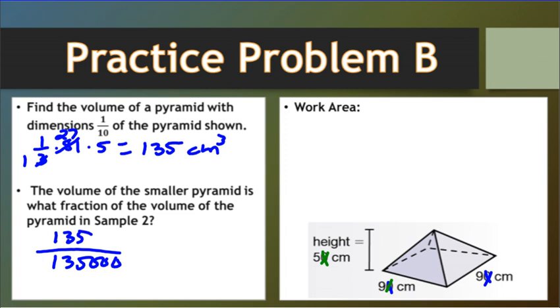So if we do 135 divided by 135,000, we would get an answer of 0.001, but it says what fractional part would that be? So this is tenths, hundredths, thousandths. So we would say 1/1000th of a fraction.